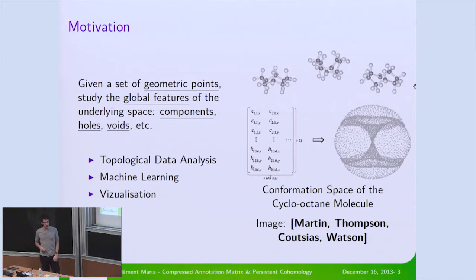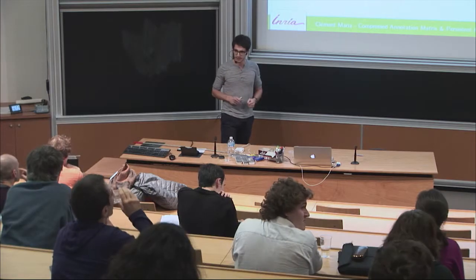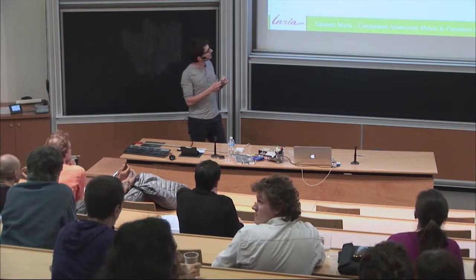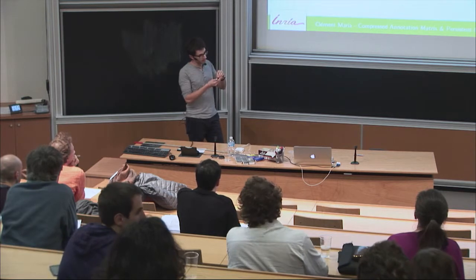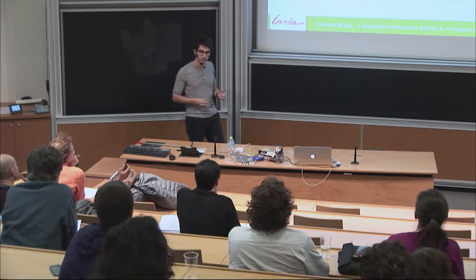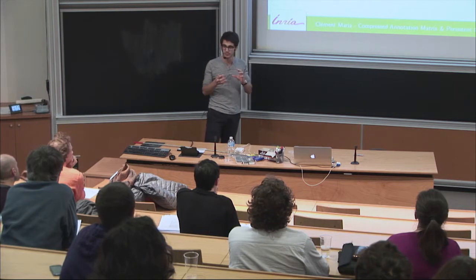On the right of the screen here, you have an example coming from chemistry, where you have a conformation space of a cyclooctane molecule. It's an 8-carbon cyclic molecule that comes from organic chemistry. If you attach 3 coordinates to each of the carbons, then you get a 24-dimensional vector for each conformation of the molecule.